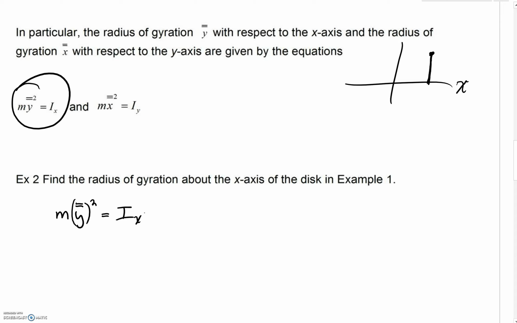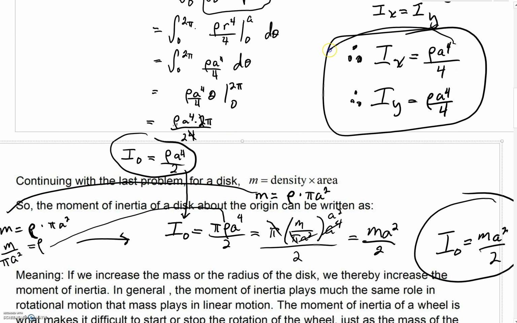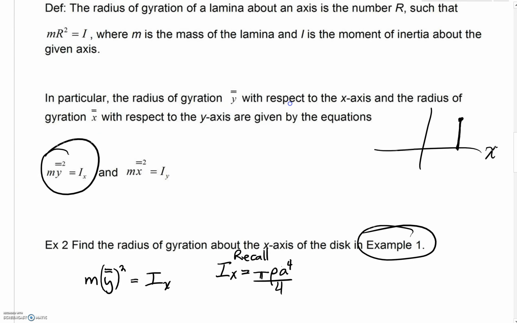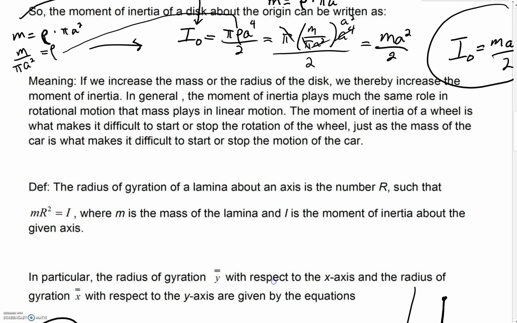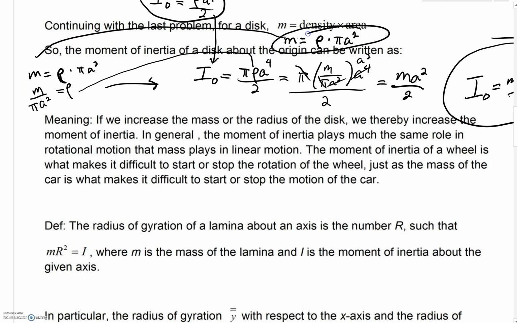You can recall from example 1, we found by symmetry that this was pi rho a to the 4th all over 4. And we did that right up here. But then we also, at the top of the notes here, found out what m was.